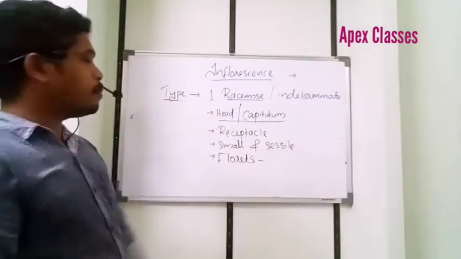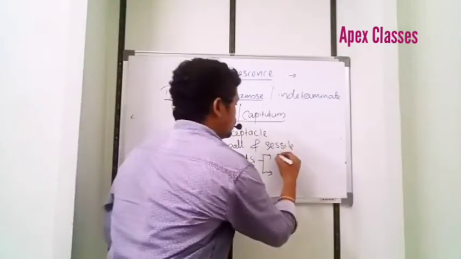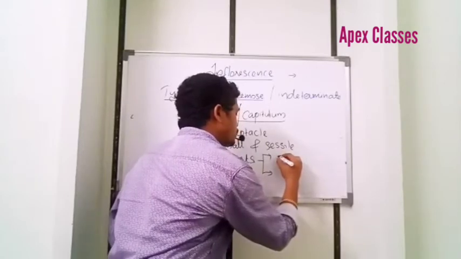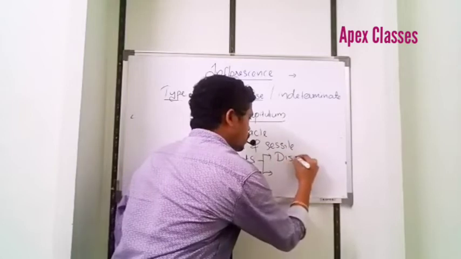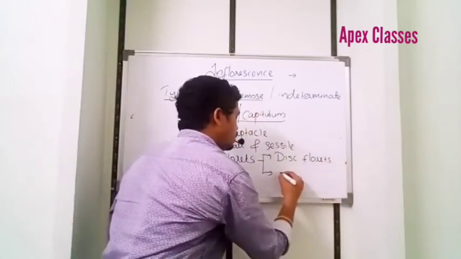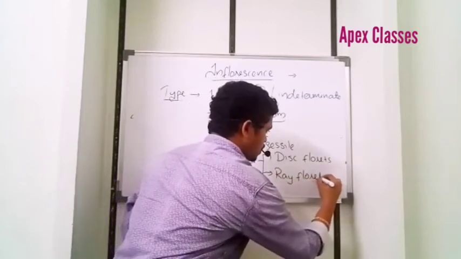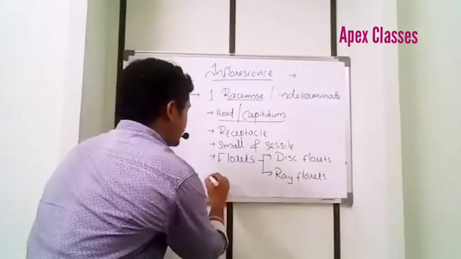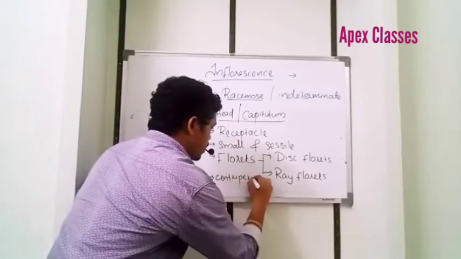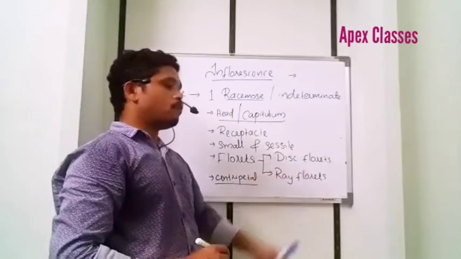In head or capitulum inflorescence, there are two types of florets. The centrally placed younger florets are called disc florets, and the peripheral ones are ray florets. These florets are arranged in a centripetal manner, that is, disc florets at the center and ray florets at the periphery.